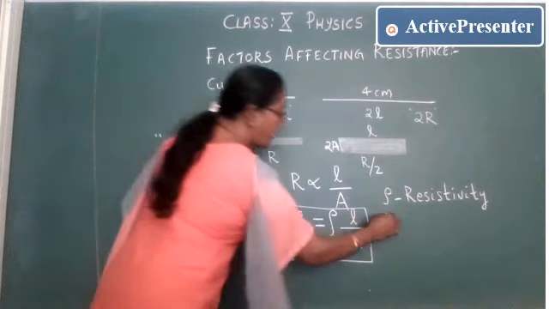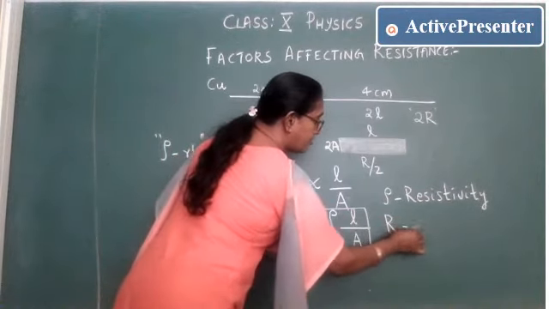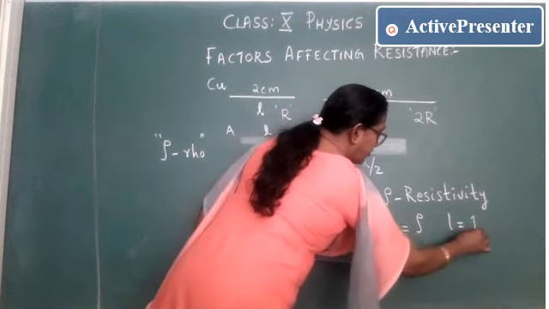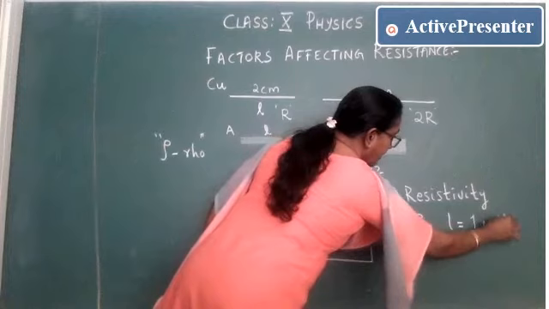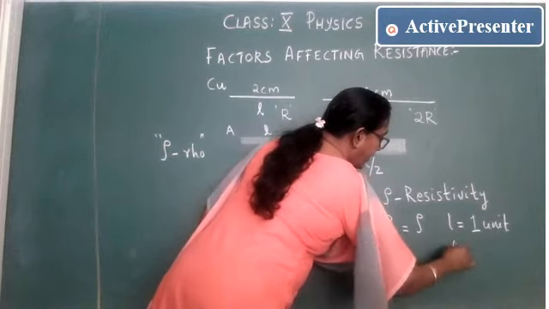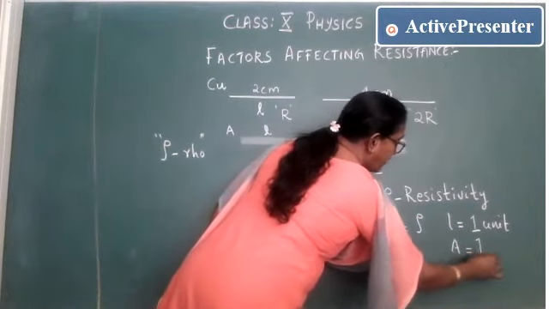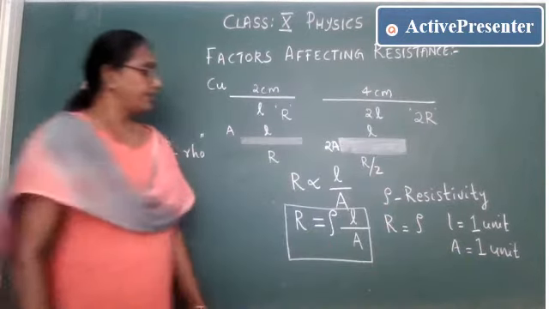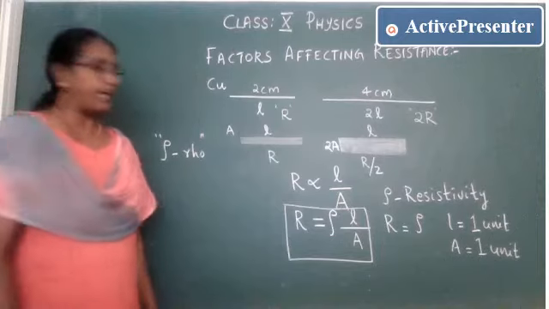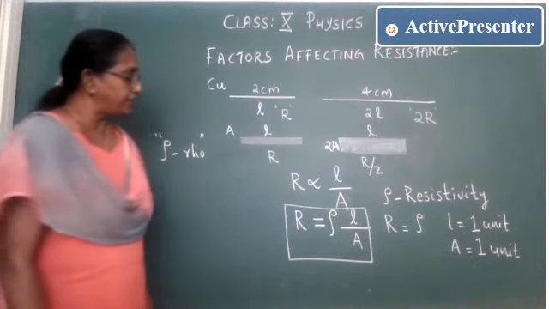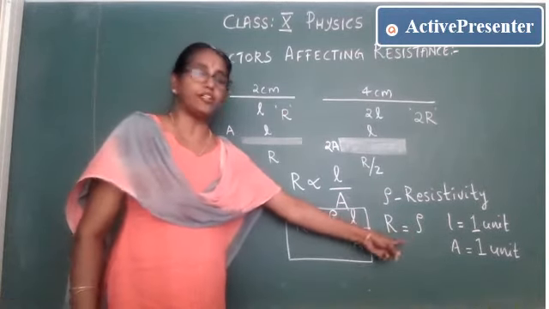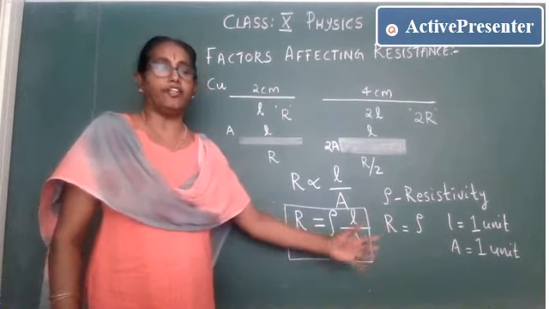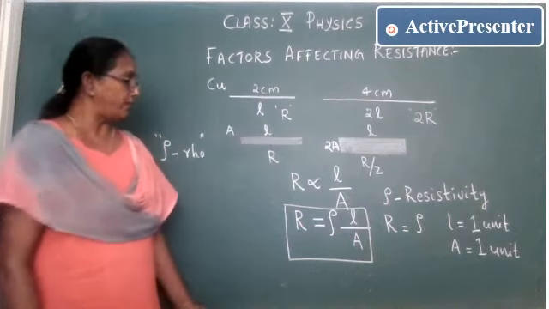So we can write R is equal to rho when L is equal to 1 unit and A is also equal to 1 unit. This will give us a definition for the resistivity of the material.